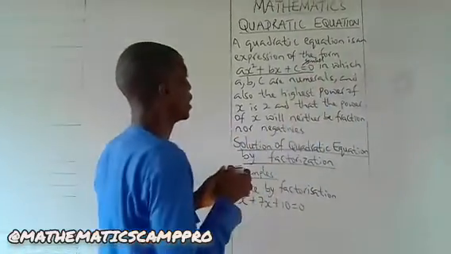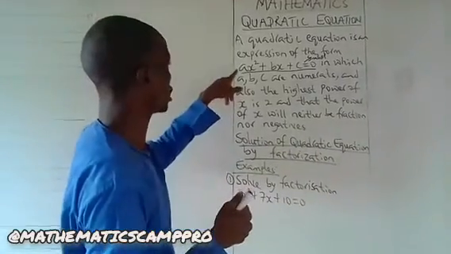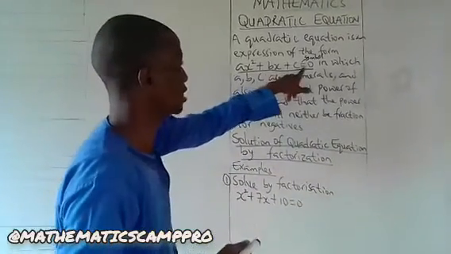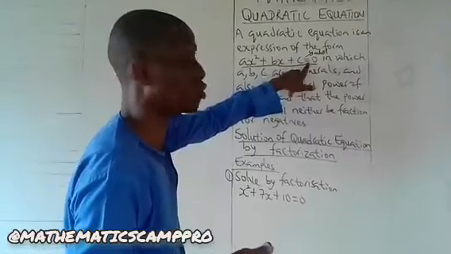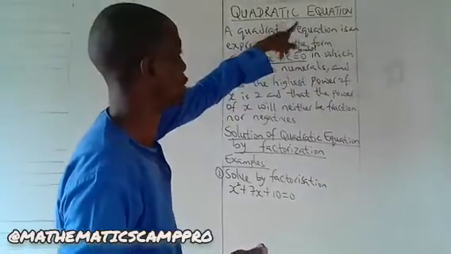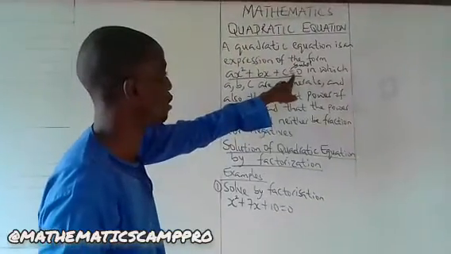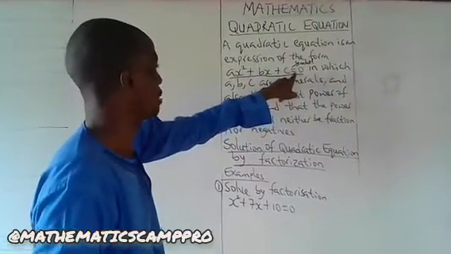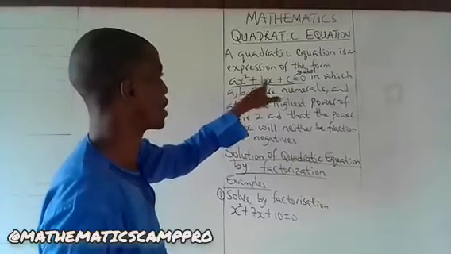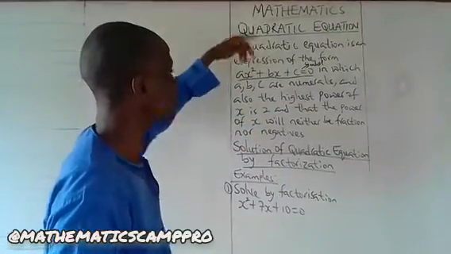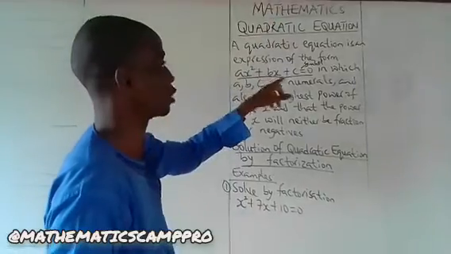Anytime you have a quadratic expression in this form and this symbol equals 0 is introduced, it is termed a quadratic equation. But the moment this symbol is not introduced, maybe we have ax squared plus bx plus c, that is simply a quadratic expression.